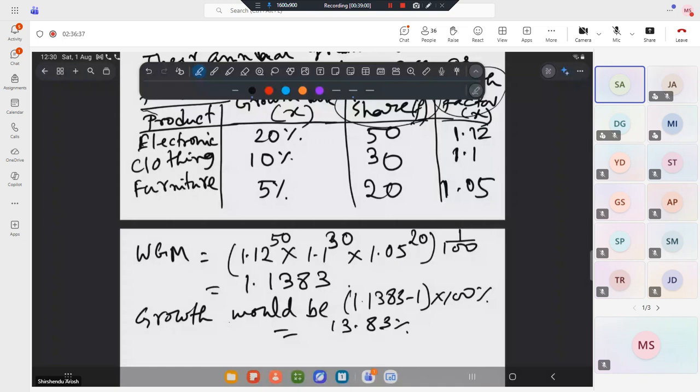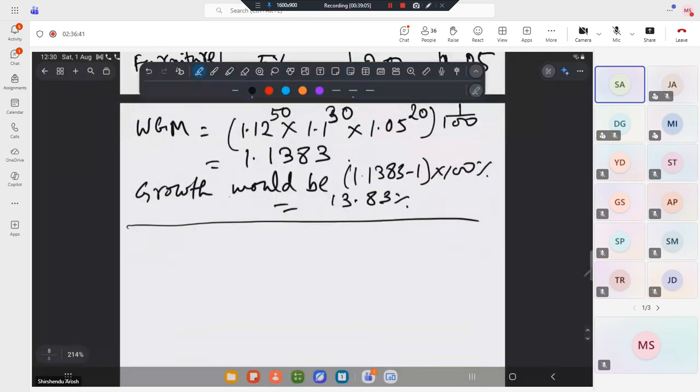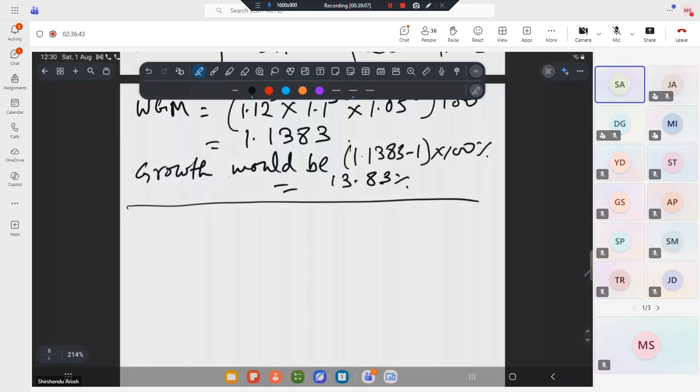And so, two problems for the GMs. Now let's go for two problems in terms of the HM.